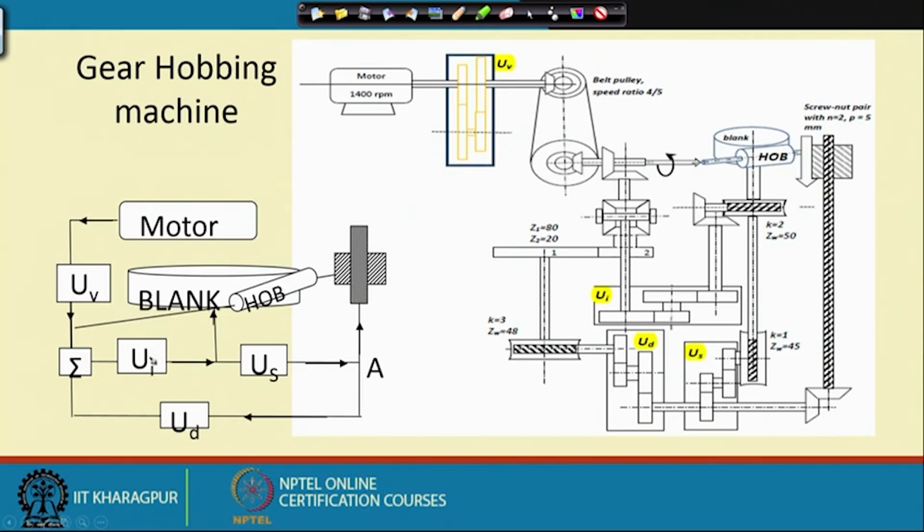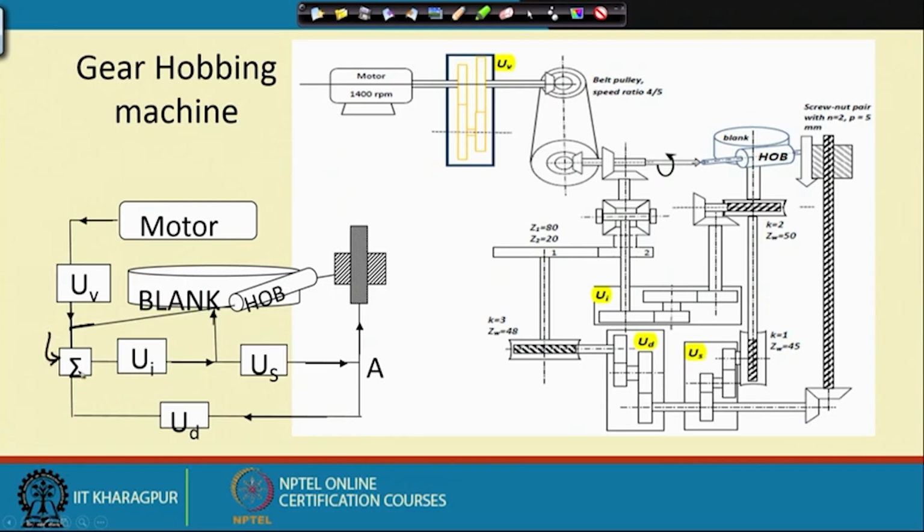So, UI is placed between blank and the motor. So, from the motor first we will go to UV and then there should be a bifurcation. Here there is a bifurcation. So, this one had gone to the hob and now we are coming in the other path.